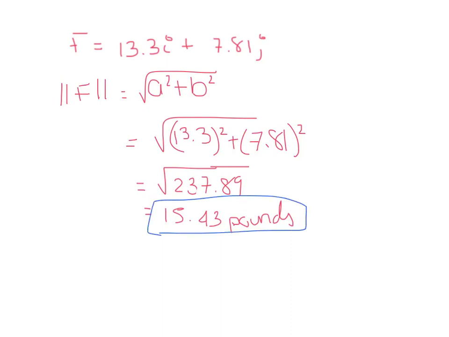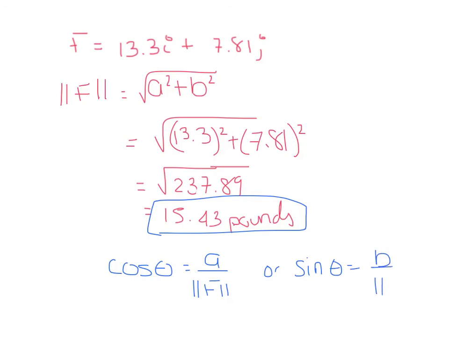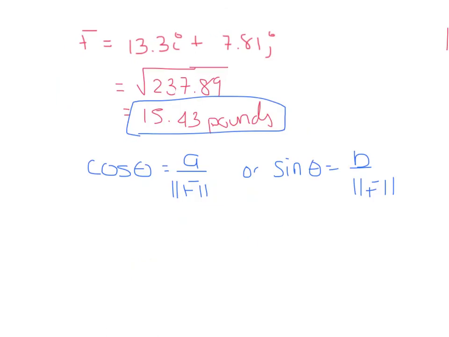So now what we're interested in is the direction of the resultant force. We can use two formulas: cosine theta is equal to a over the magnitude of what we just found, or sine theta is equal to b over the magnitude. We specifically take the a or the b from the top.